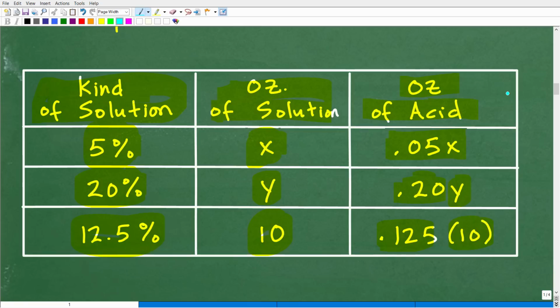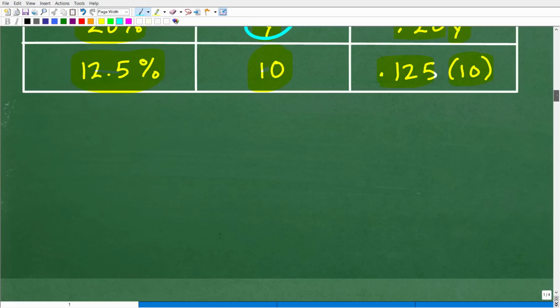We need to construct all this information, and now we're going to build some equations because we have two variables here, and we can't solve for these two variables unless we can construct two unique separate equations that involve both of these variables, because we want to set up a linear system here. Okay, so let's do that right now.